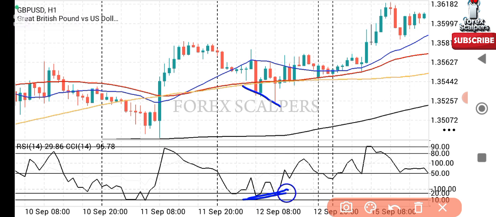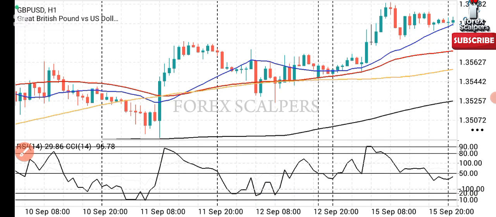So if you don't understand the concept of divergence, it is advisable you watch our previous video. There is a video on this channel where we talked about divergence, and then you can see how that plays out, and it's doing beautifully well. So you can replicate this result by understanding how these indicators function.